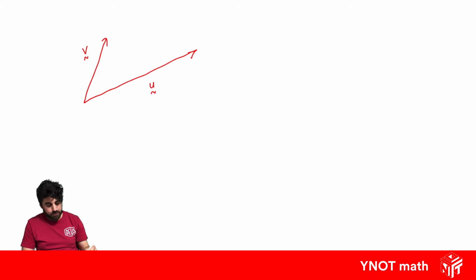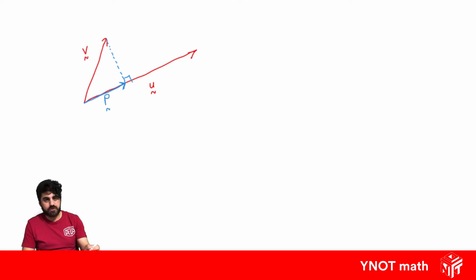And if we're going to project v onto u, we need to make a 90-degree angle from v to u, and then draw in this vector here that successfully projects v onto u, which will be this vector here. And that vector we're going to call p.